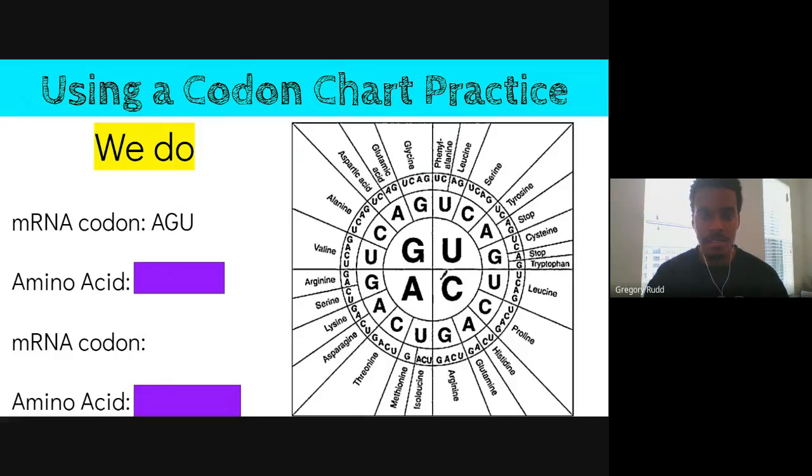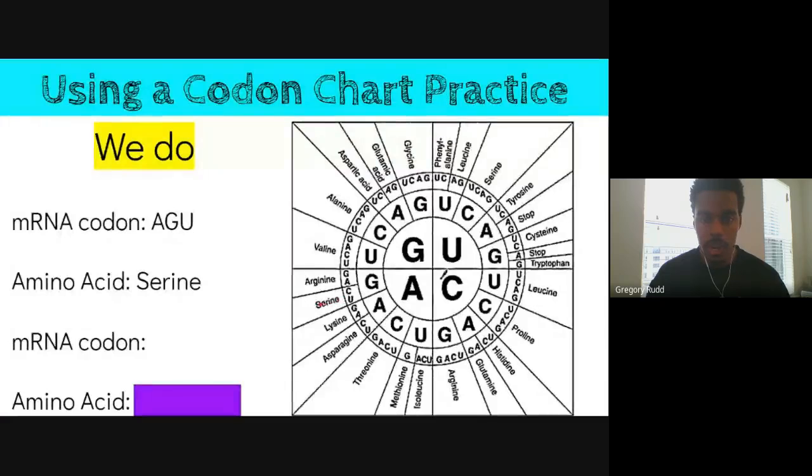You're killing it right now. That is correct, serine. So we want to start in the middle and move out. My first letter is A, so I'm looking here. My second letter is G, so I'm looking over here. And my third letter is U. So I'm looking right here, and that tells me it's serine.